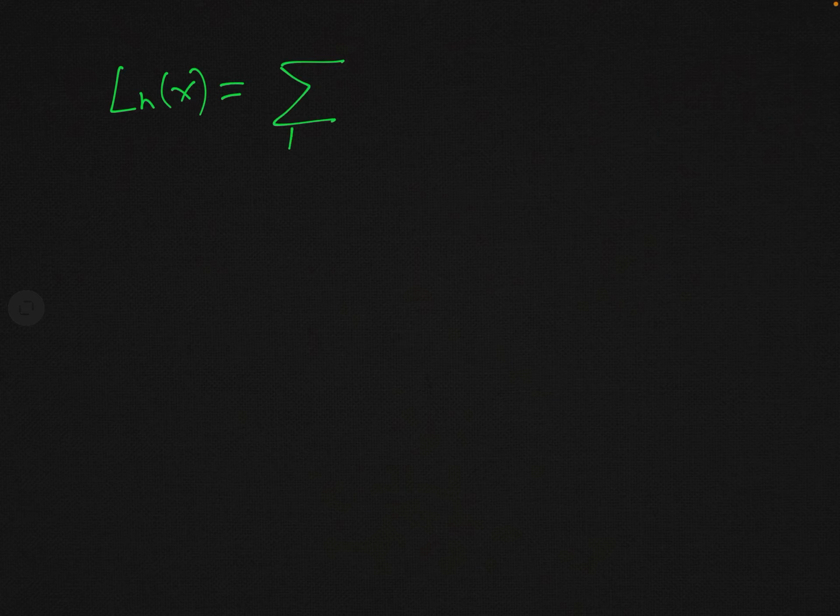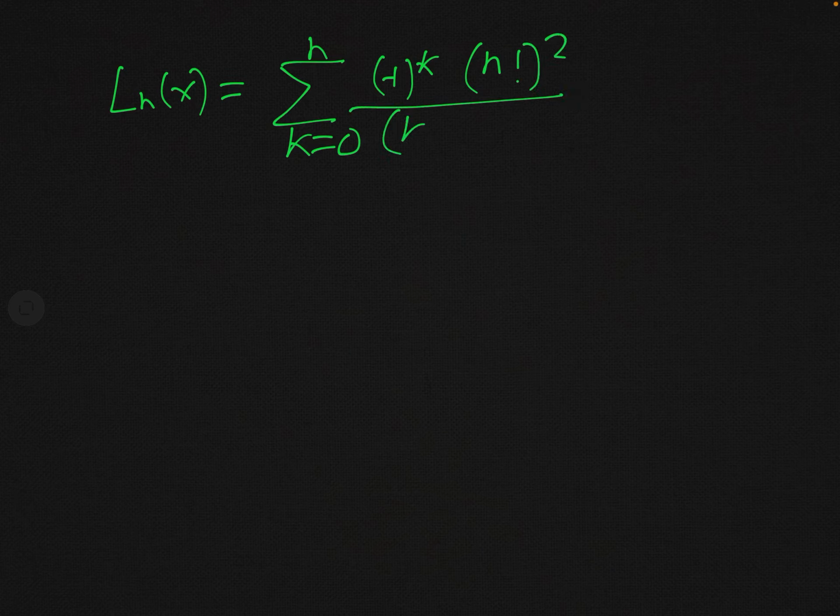So Laguerre polynomial ln of x is defined in this way: summation k 0 to n minus 1 raised to the power k n factorial square over k factorial square times n minus k factorial times x raised to the power k.